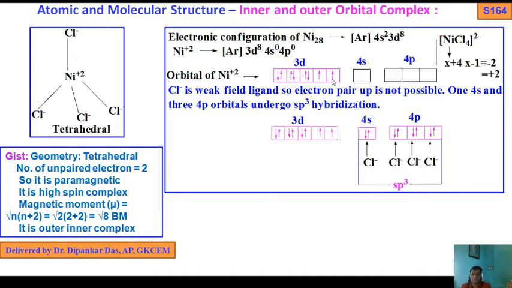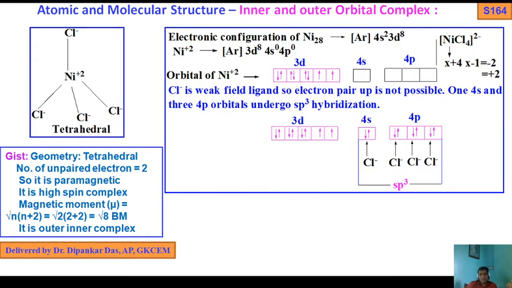After that, you have to examine the nature of the ligand. Cl- and Br- are weak field ligands, on the far left side of the spectrochemical series. So Cl- has no capability to pair up the electrons in the 3d orbitals. So there is no question of a vacant 3d orbital, and no question of forming an inner orbital complex.